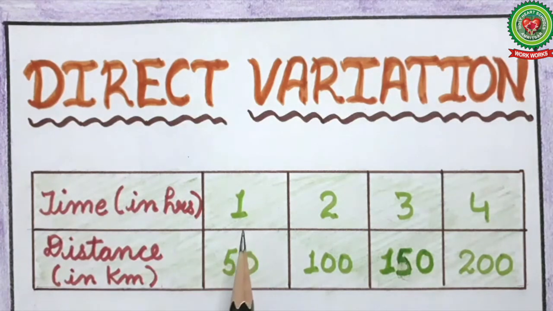Here we are observing as with the increase in time, distance also increases. So these type of situations in which increase in one quantity results in the corresponding increase in other is called as direct variation.